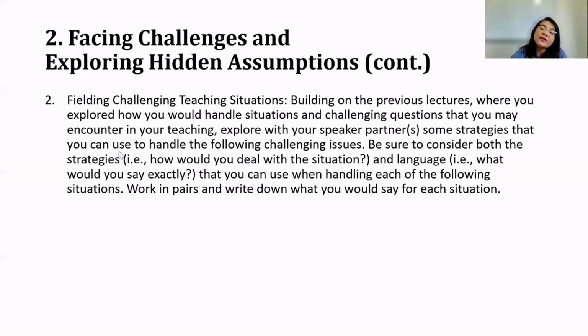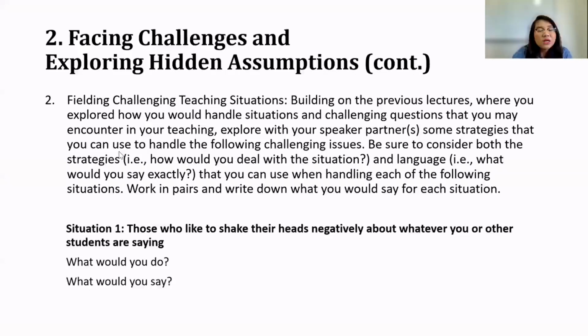So I will provide you with several situations, and please analyze and describe what would you say and what would you do. So it's about your strategies and the language you're going to use. Situation number 1. Those who like to shake their heads negatively at whatever you or other students are saying. In this kind of situation, what would you do and what would you say?